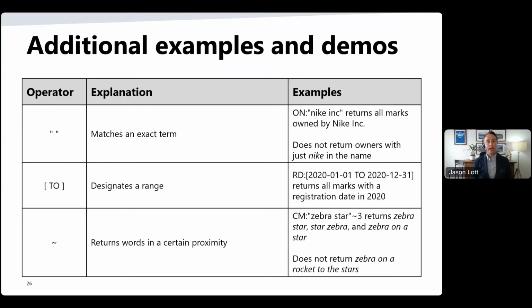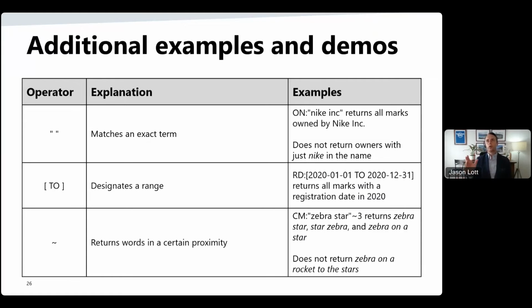If you want to do a range search, this is a pretty cool thing. There might be some of you wondering, what's the best way for me to see what trademarks registered in the year 2023? You're not necessarily going to be doing that for a clearance search, but some of you want to do research, or you're generally interested in trademarks, or maybe you want to narrow something down.